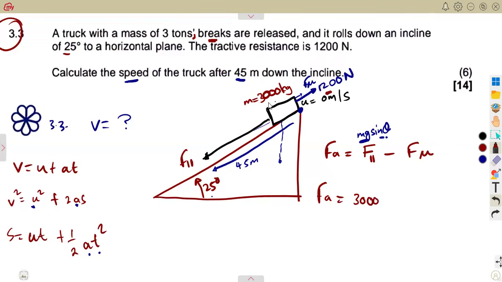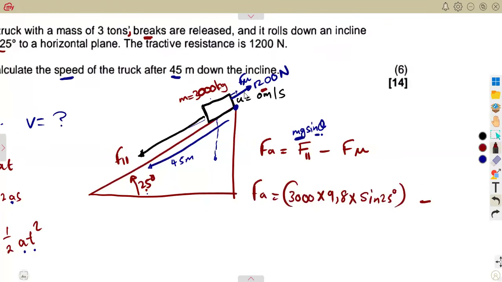That is 3,000 times the gravitational acceleration times sine of 25 degrees. This whole part is going to subtract the frictional force, which is 1,200. This is going to give us something like 11,224.977 Newton.